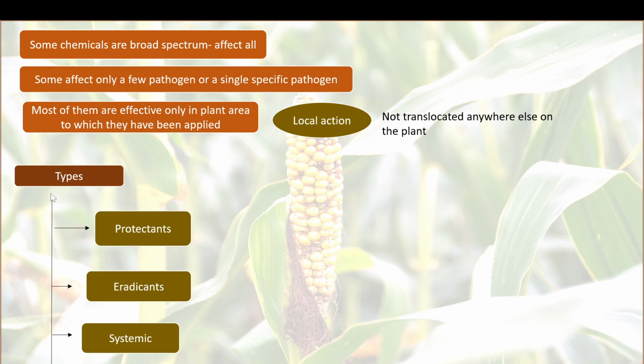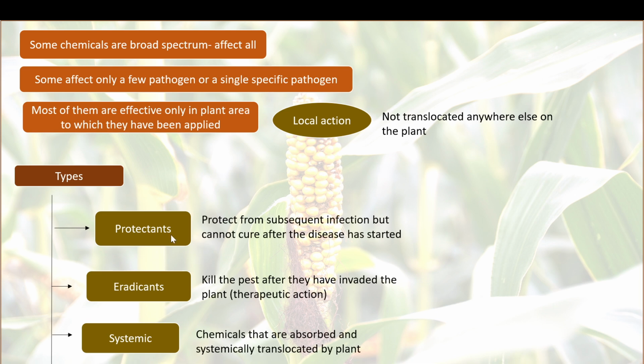Now, chemicals can again be bifurcated into three types: protectants, eradicants, and systemic. So what are protectants? Protectants are chemicals that protect from subsequent infection but cannot cure after the disease has started.